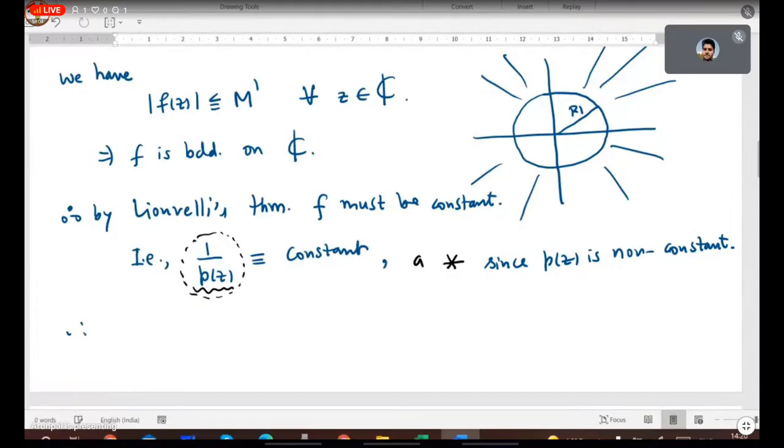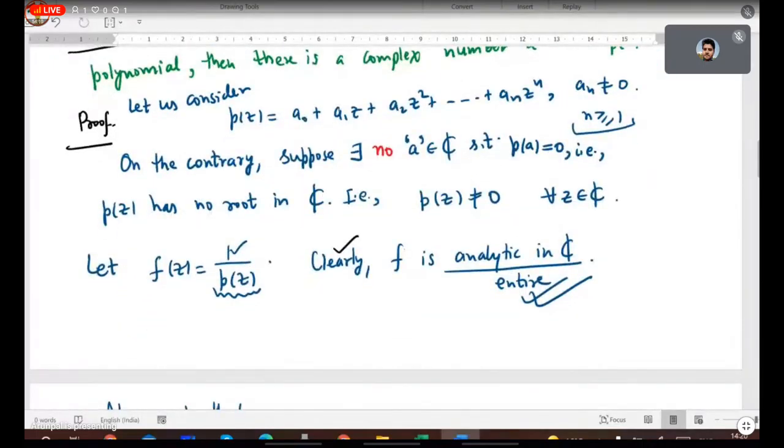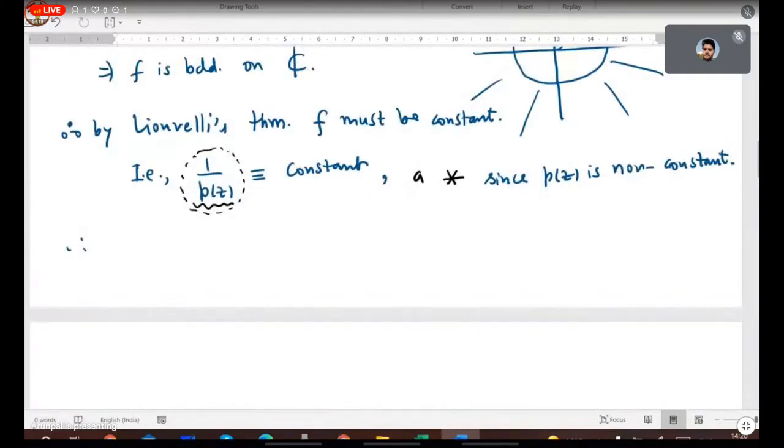And therefore, class, we started with something contrary. This supposition, our assumption, goes wrong.